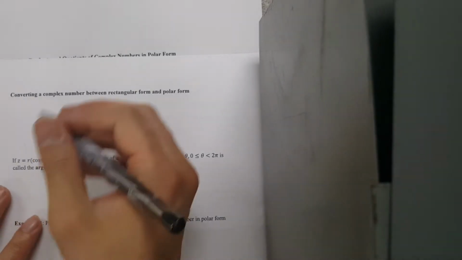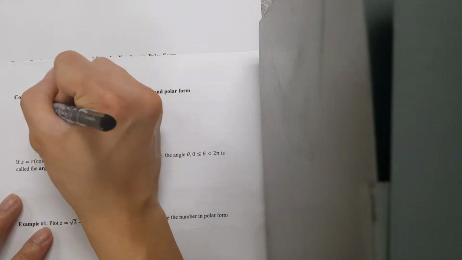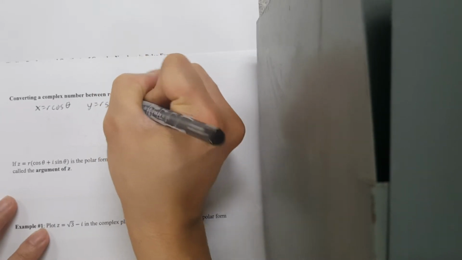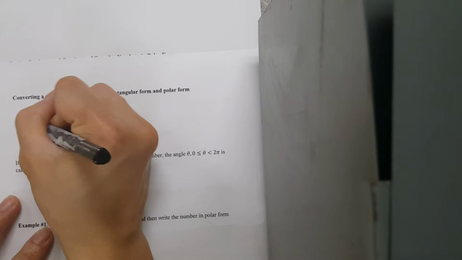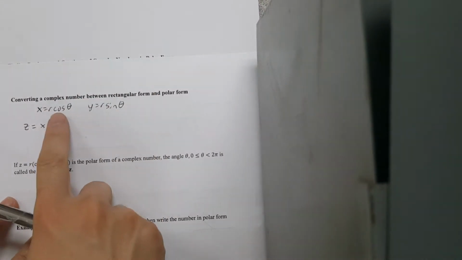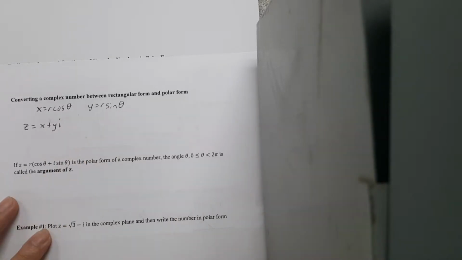Now, remember, the formula to get from polar to rectangular is x is equal to r cosine theta and y is equal to r sine theta. If z is equal to x plus yi, we just replace x and y with the polar form.